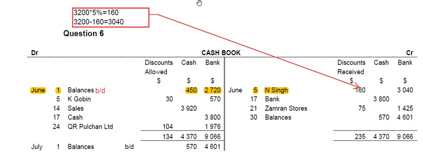Next, on 8th, a cheque was received from K. Gobbin. So we'll go up again, and K. Gobbin is a trade receivable. He was owing the business 600 and now the business is receiving the money from him again with a discount of 5%.